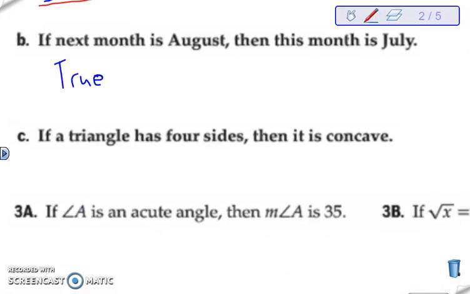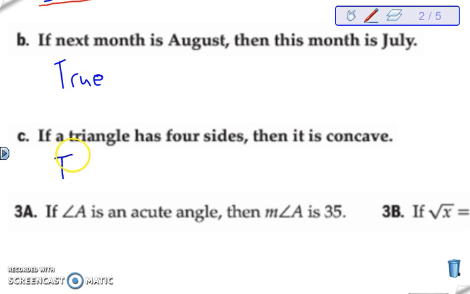Here's the tricky one. If a triangle has 4 sides, then it is concave. Well, does a triangle ever have 4 sides? No. So if I am starting off with a false promise, it doesn't matter what happens the rest of the way. We cannot mark this as false, right? I can't break a promise if we never started off on the right foot.